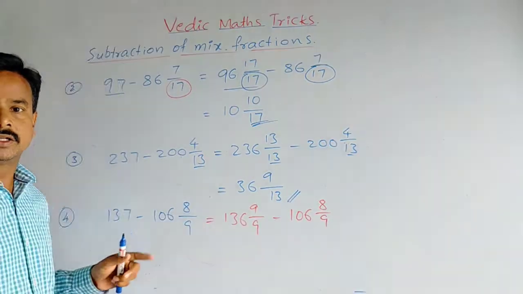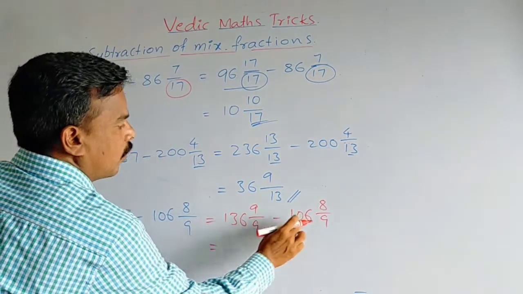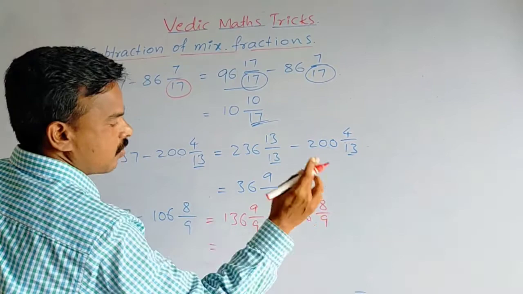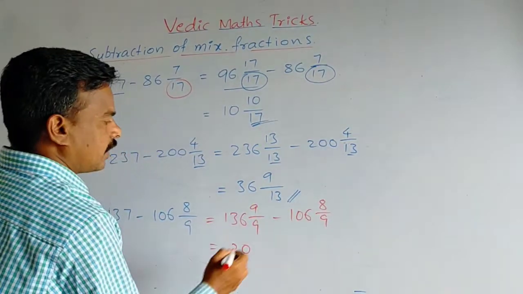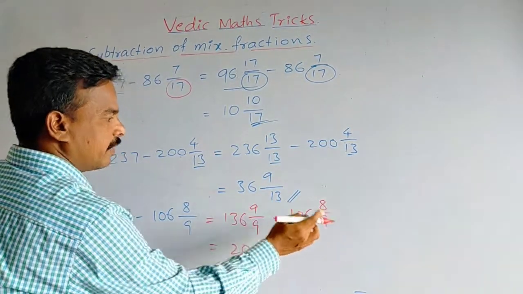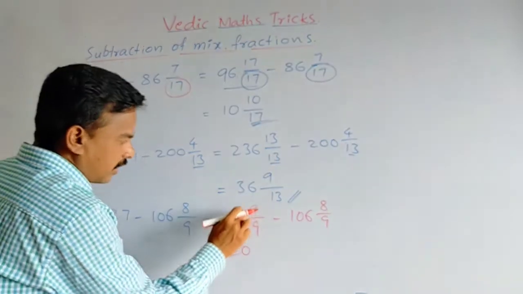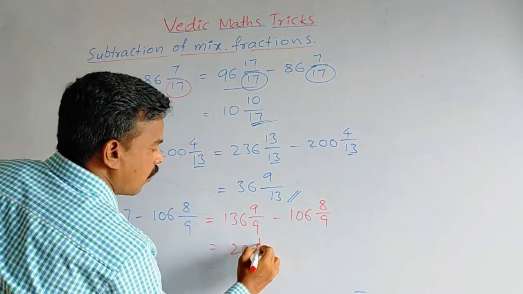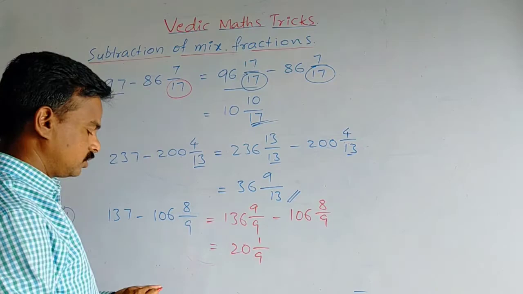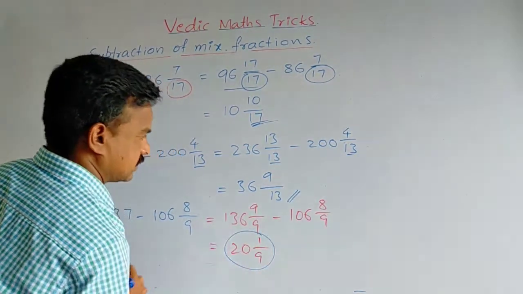Now subtraction of whole numbers: 136 minus 106 is 20. And 9 by 9, here 8 by 9, so the denominator is the same. Next, 9 minus 8, 1 by 9. So this is the answer.